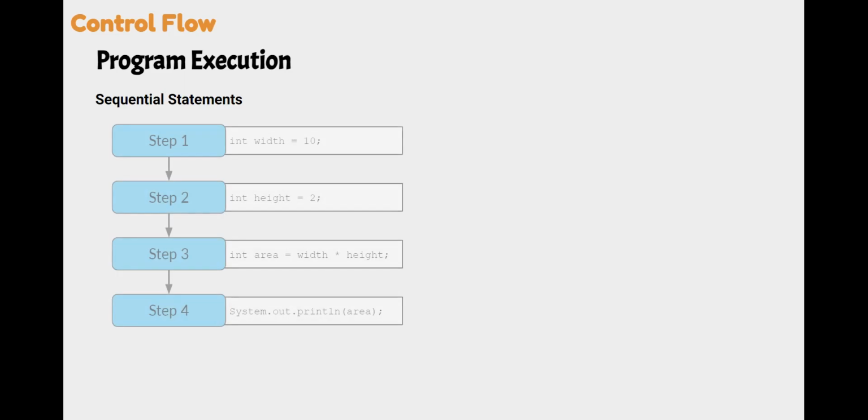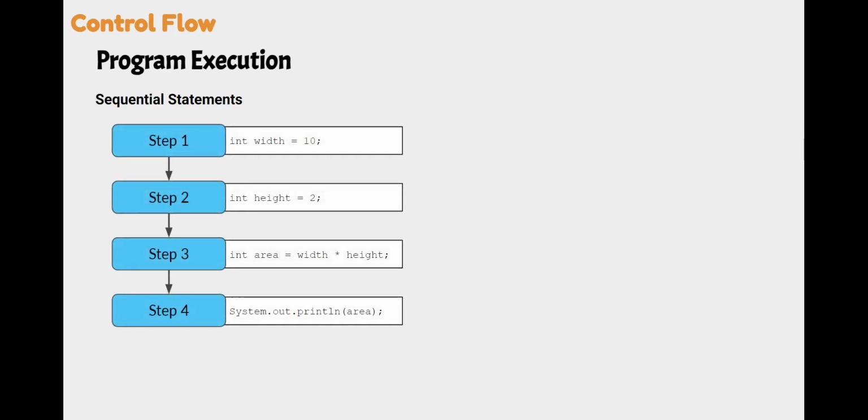So, looking at how our programs have executed in the past, we have written sequential statements. That means that each code statement was executed one after another, top to bottom. They would all be executed in their turn.